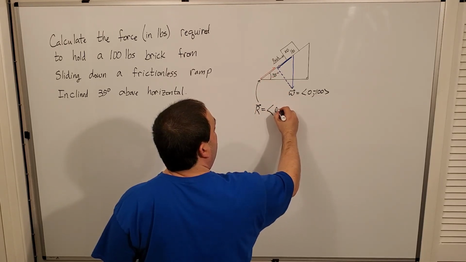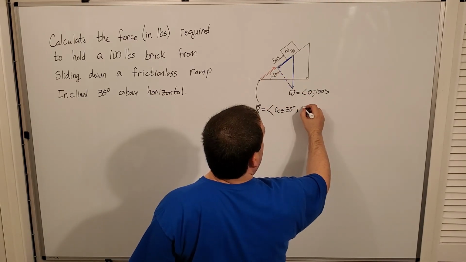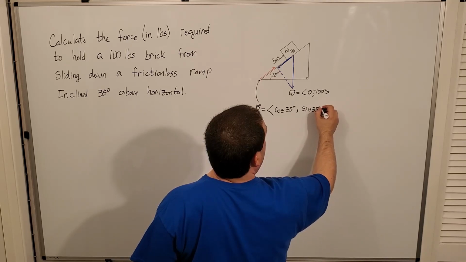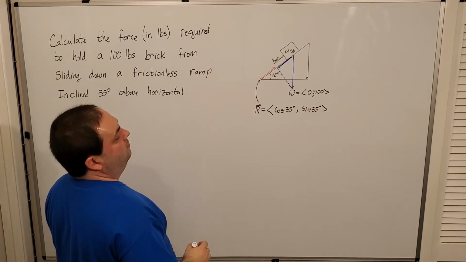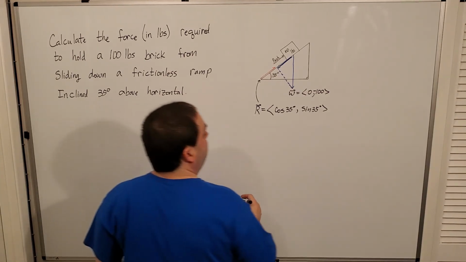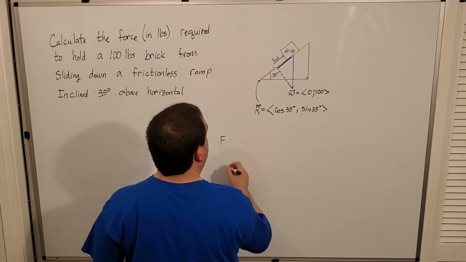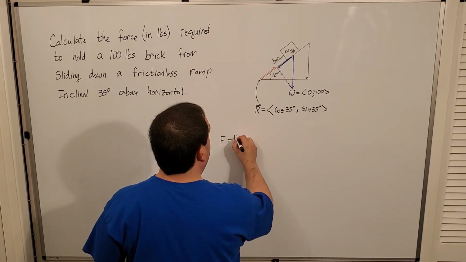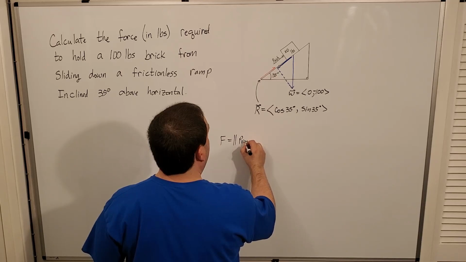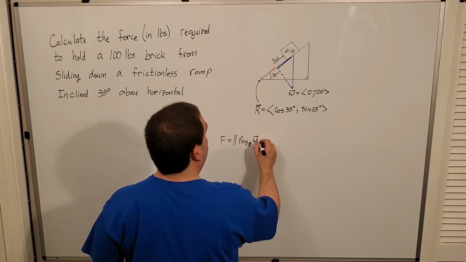The x component would be the cosine of 35 degrees. The y component would be the sine of 35 degrees. And if I'm going to project W onto R, then the force that I'm needed is just the magnitude of that projection. Projection of W onto R.